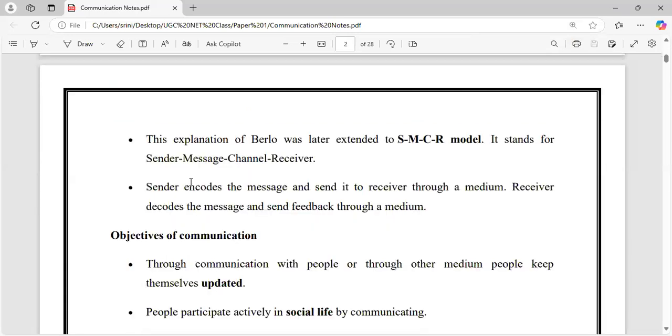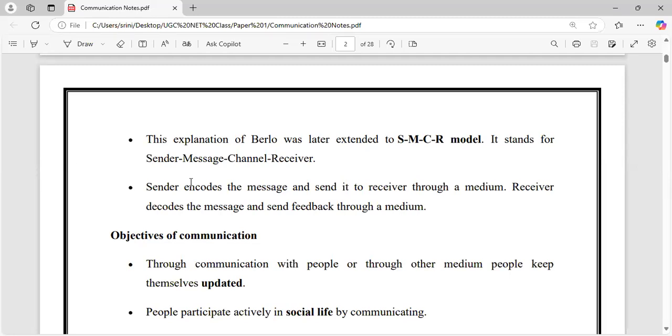Then this explanation of Berlo was later extended to sender, message, channel, receiver. If the question is given as stimulus, then it still means sender.